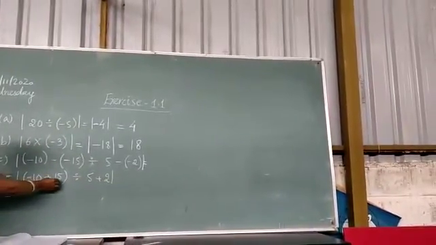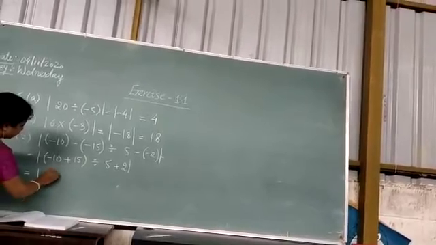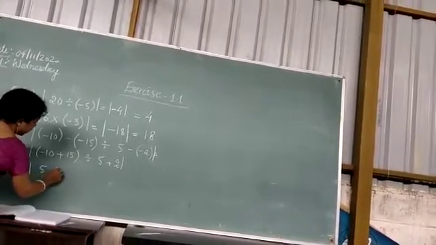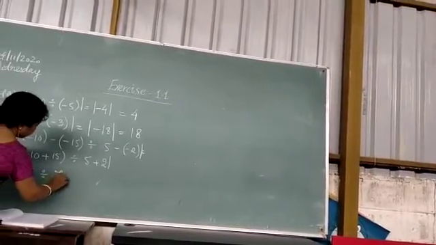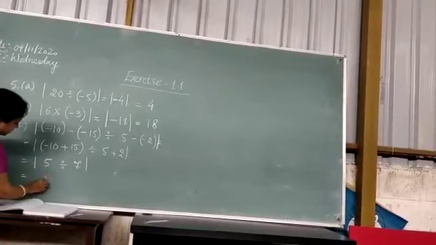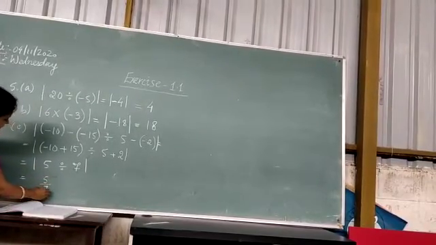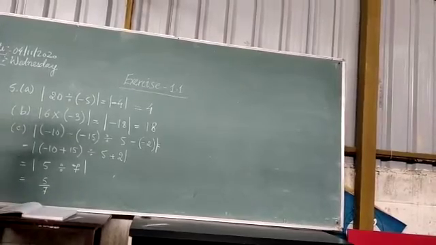See, minus 10 plus 15 is how much? 5. Right? Divided by 5 plus 2 is how much? 7. Right? Now, this means what? 5 by 7. Right? So, this is our absolute value.